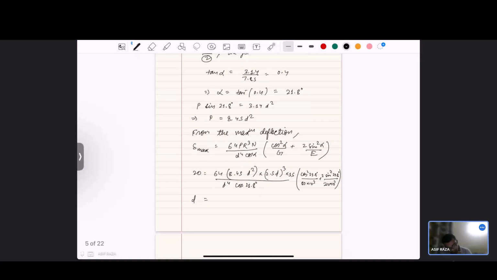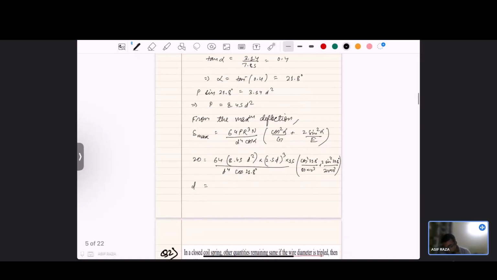So solving this, it comes around d value as 12.12.